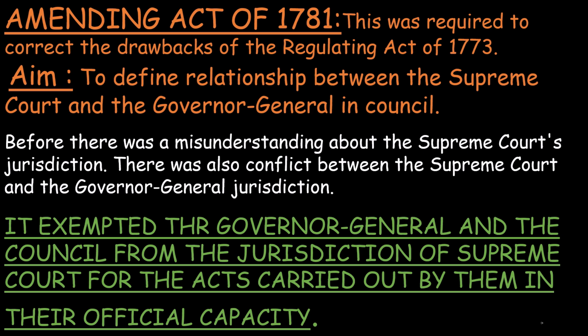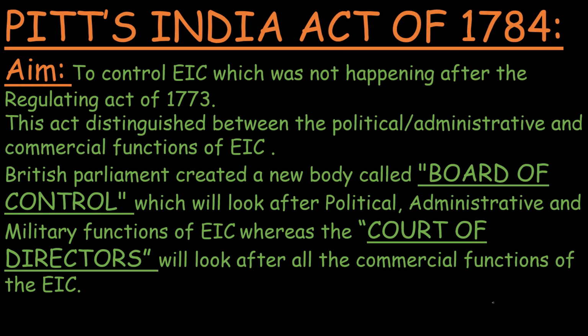There was also conflict between the Supreme Court and the Governor-General jurisdiction. It exempted the Governor-General and the Council from the jurisdiction of the Supreme Court for the acts carried out by them in their official capacity.